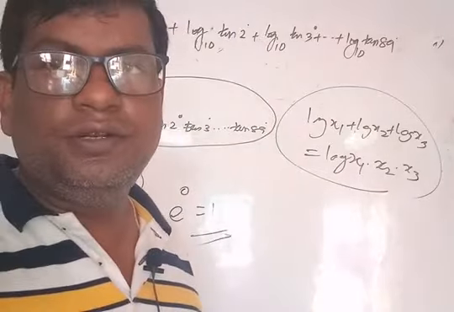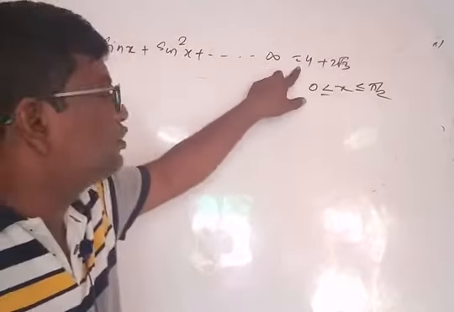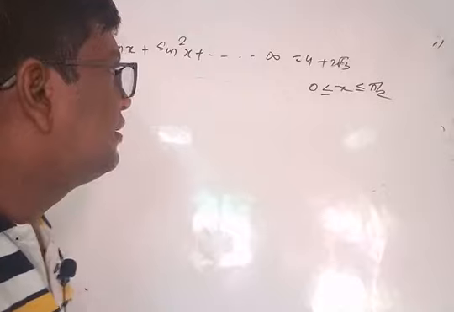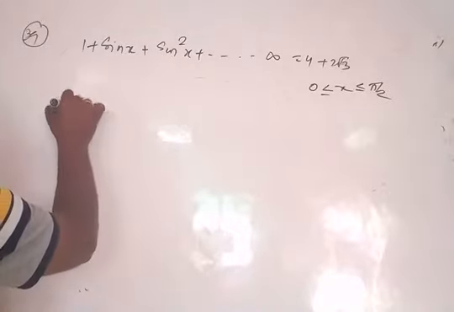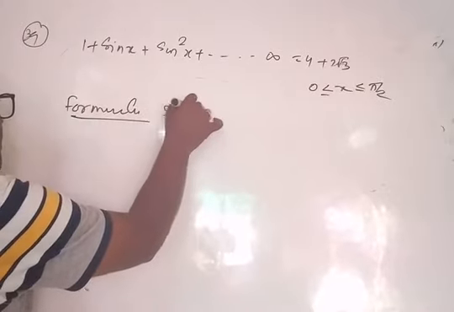And another question. This is the question: 1 plus sin x plus sin square x up to infinity is equal to 4 plus 2 root 3. The condition is 0 less than or equal to x less than or equal to pi by 2. One formula for infinite GP. This is an infinite GP.